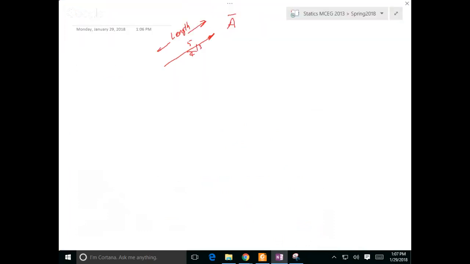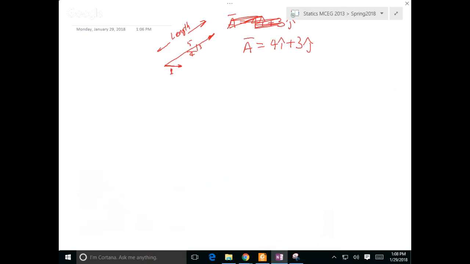The vector A is equal to, in this case, 4i plus 3j.